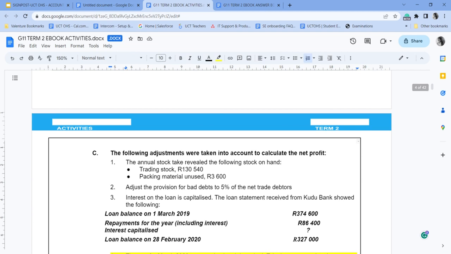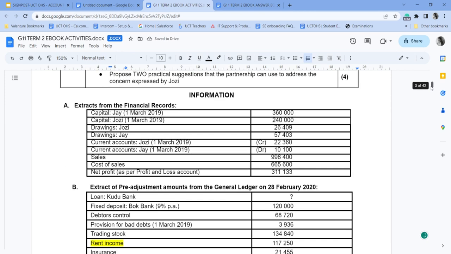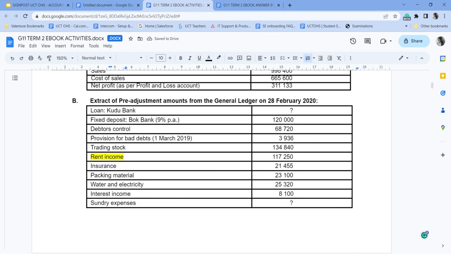Okay, so I'm going to do it here so that we figure out whether it's a loss or a what. So I'm just going to say 5 divided by 100, which means that this is 5%. I'm going to multiply it by the trade debtors. So the trade debtors here is 68,750.